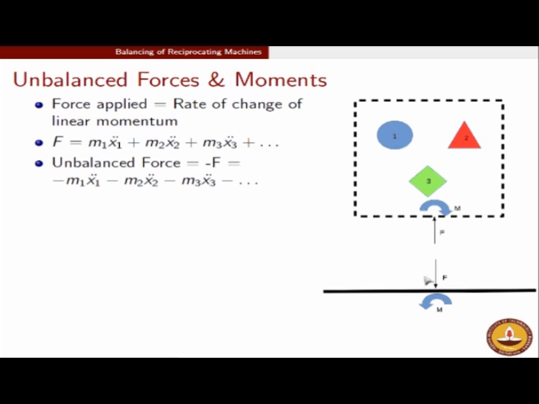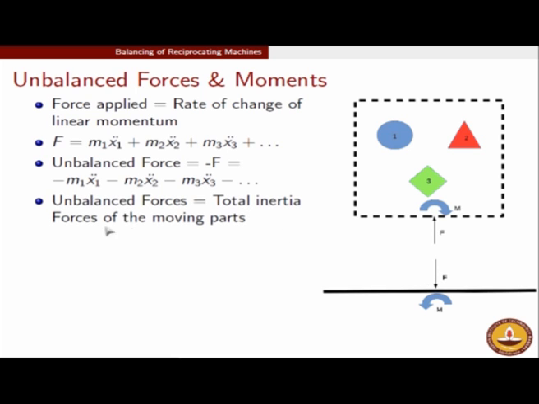So the unbalanced force which is hitting the frame is basically the sum total of all inertia forces of all the moving parts. Minus m1 x1 double dot is the inertia force corresponding to part 1, minus m2 x2 double dot is the inertia force corresponding to the moving part represented by the red triangle, and so on.